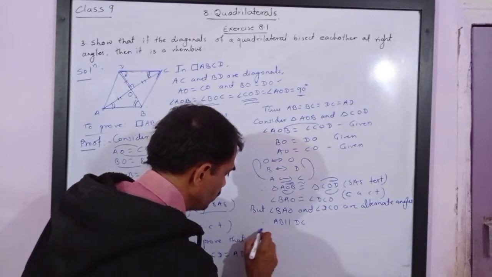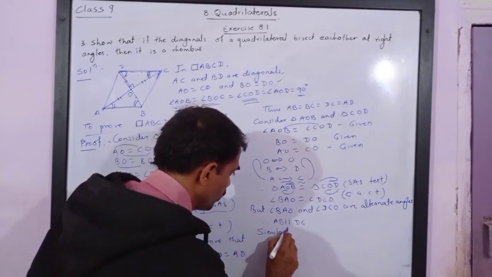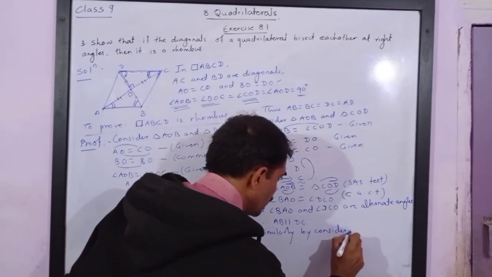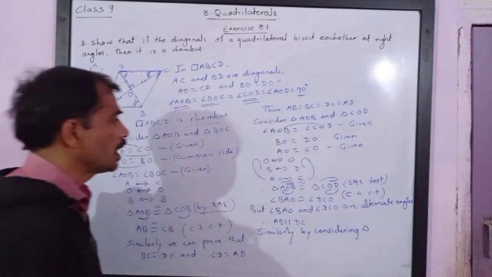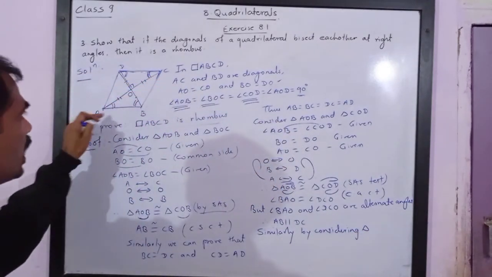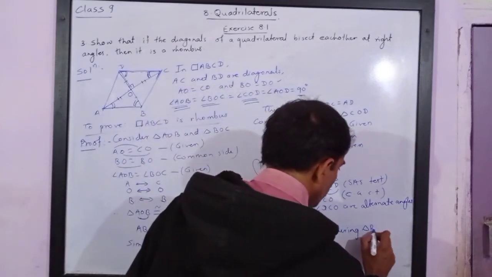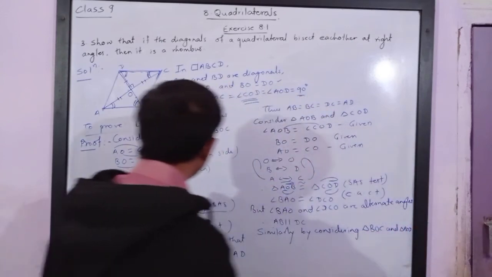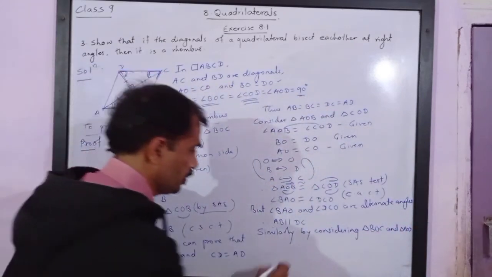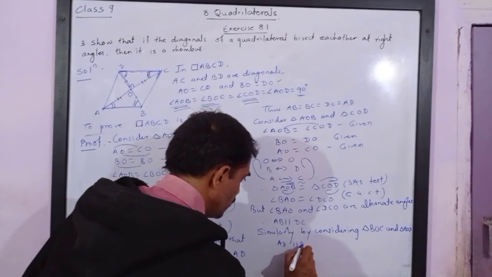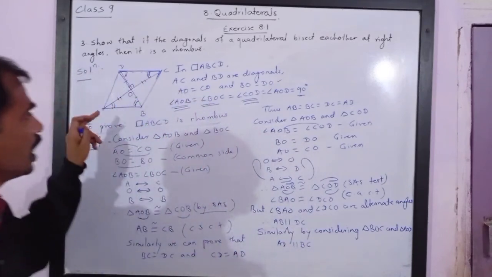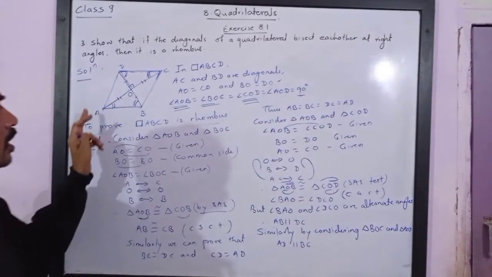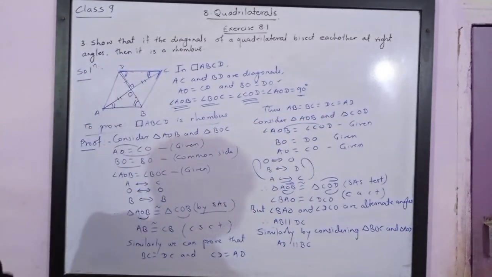Similarly, by considering triangles BOC and AOD, we can prove that AD is parallel to BC. Thus, quadrilateral ABCD is a parallelogram with all its sides equal. Hence, quadrilateral ABCD is a rhombus.